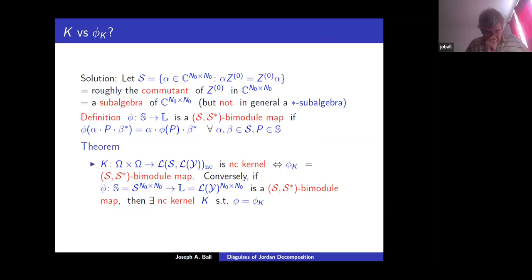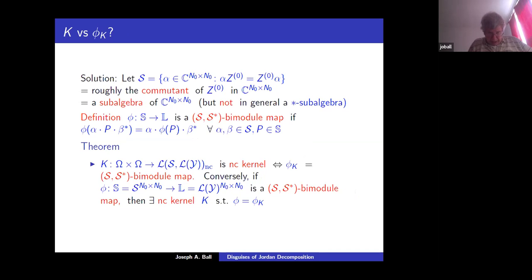And so the solution is to let S be this bicommutant of Z_0, the commutant of Z_0 in N_0 by N_0 matrices. This is a subalgebra of N_0 by N_0 matrices over C, but in general not a star subalgebra.